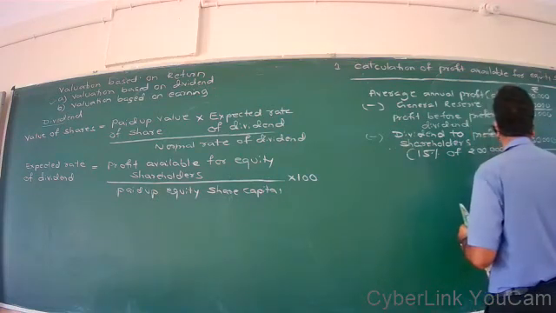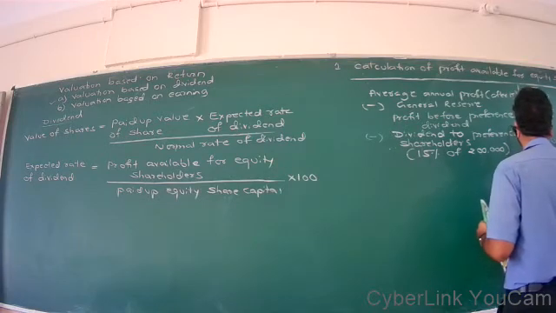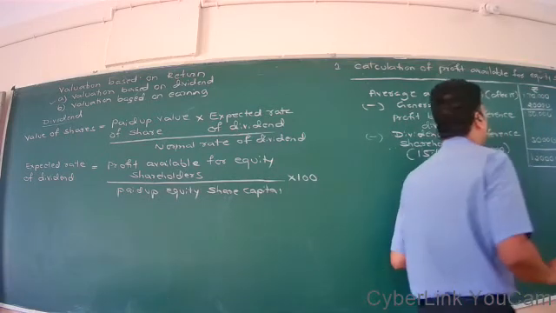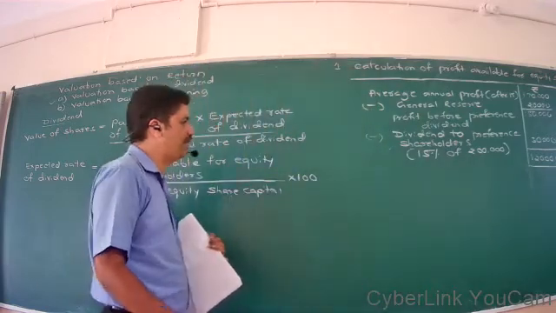So 1,20,000 is the profit available for equity shareholders.